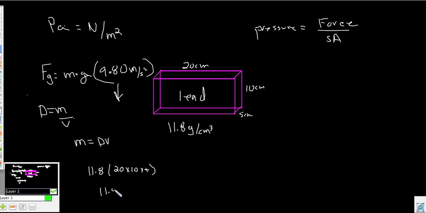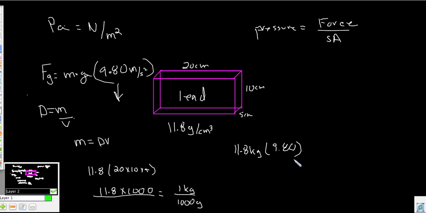So what I'm going to end up doing is multiplying this times 1,000, and then to convert it to kilograms, 1 kilogram equals 1,000 grams, because remember this density was initially in grams right here. So I'm going to basically divide by 1,000. So at the end of the day, I come right back to my same answer, saying that this mass is going to be 11.8 kilograms. So 11.8 kilograms times my force of gravity, 9.80. Let's go ahead and figure that out.